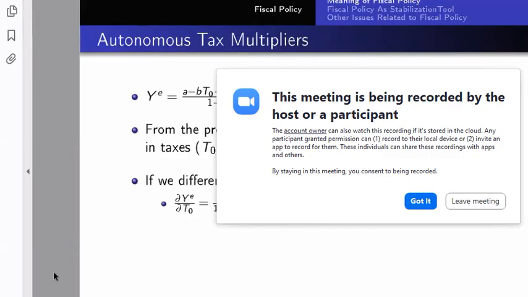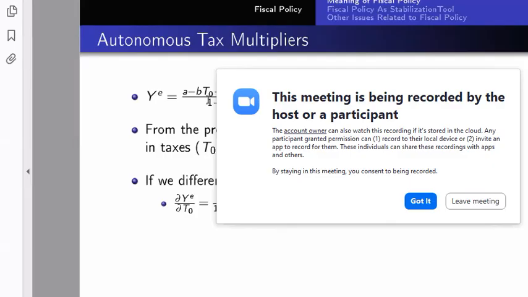What will be the slope coefficient of T naught? The autonomous tax multiplier is different from the autonomous spending multiplier.